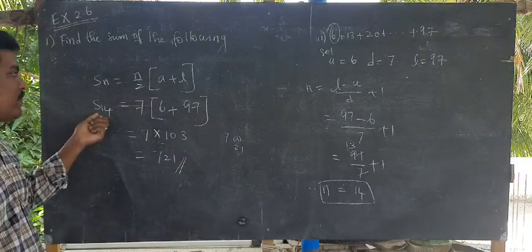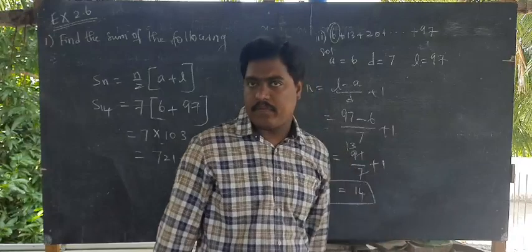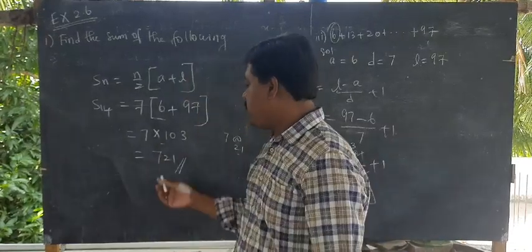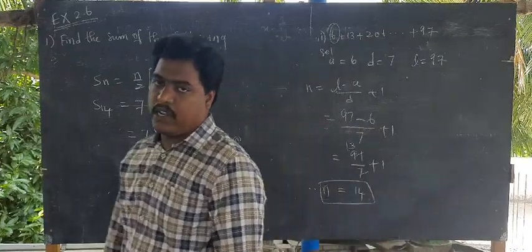That is S14. Adding 14 terms we get 721. This is the answer for the sum. Take down and thank you.